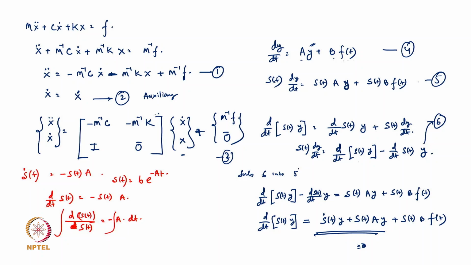That integral will automatically lead to log. So you will get ln of S of t equal to minus at. So S of t will be equal to, with some constant, b into e to the power of minus at.